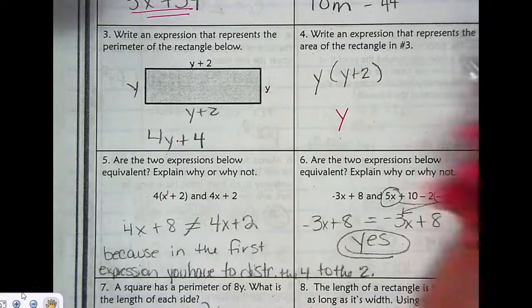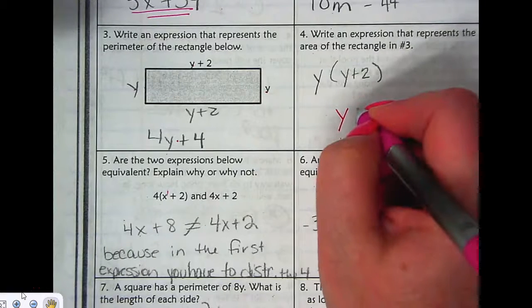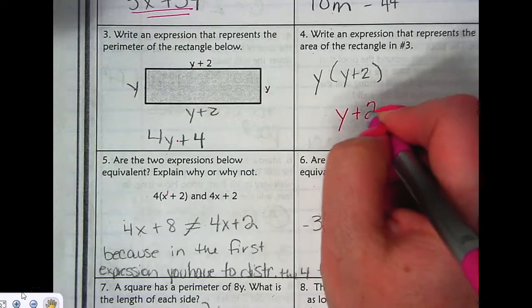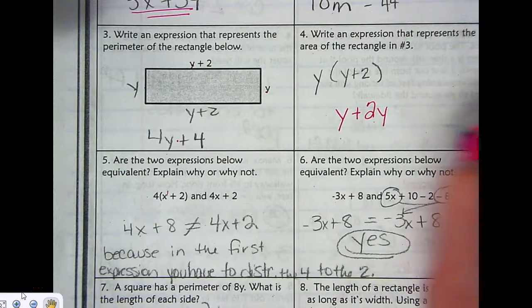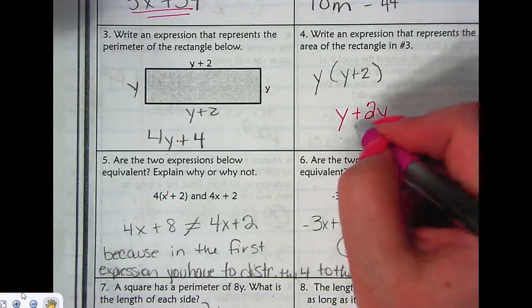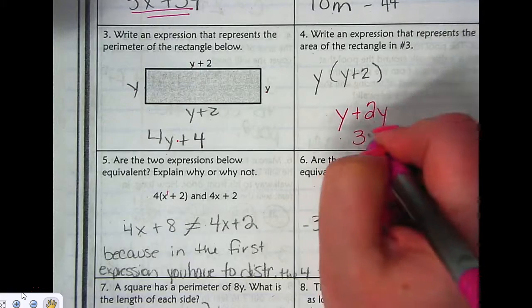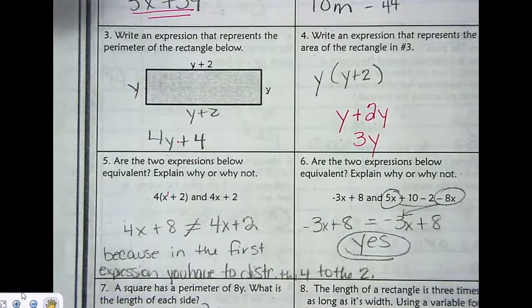And y times 2 is plus 2y. And then we will have 3y if you factored it out. I would take any of those answers. All right, questions about 4.